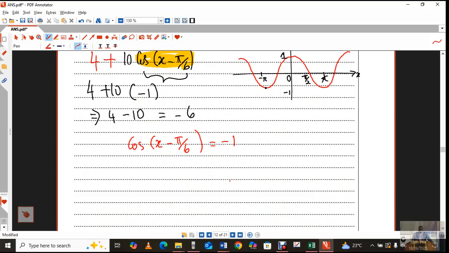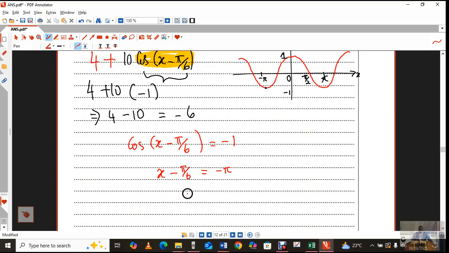Now, I don't need to use a special calculator or something like this. You know that the inverse cosine of negative 1 is going to be negative pi, I believe. Can you see that? So this is x minus pi over 6 is equal to negative pi, as I was saying.